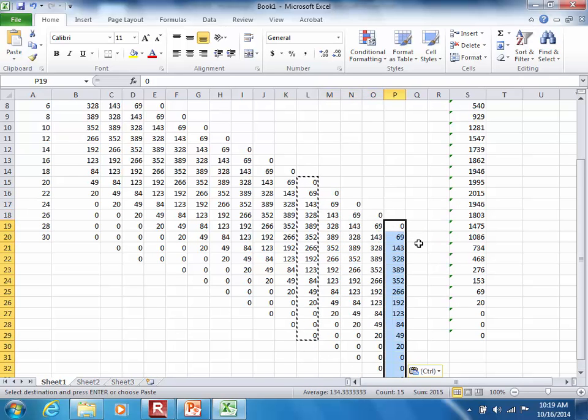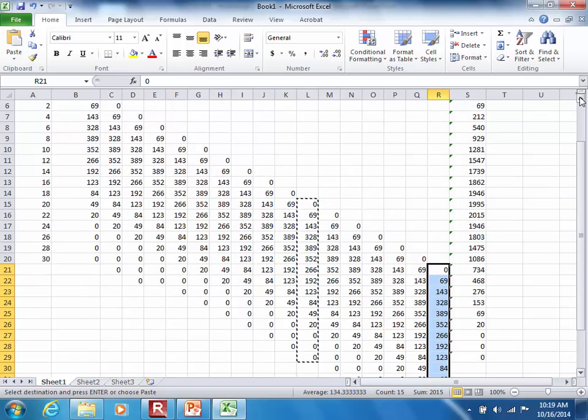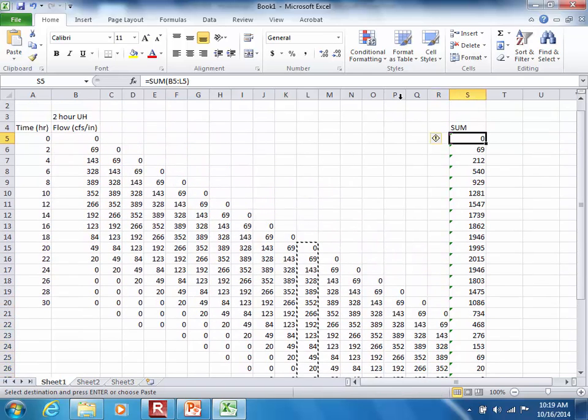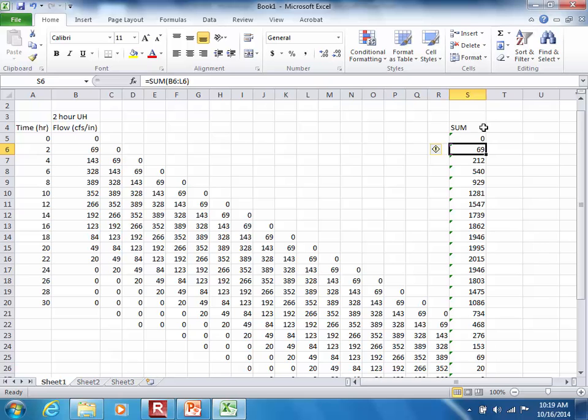We have to update the formula to include these extra columns. So I'll go back over here, include all of these columns, and drag that down through.